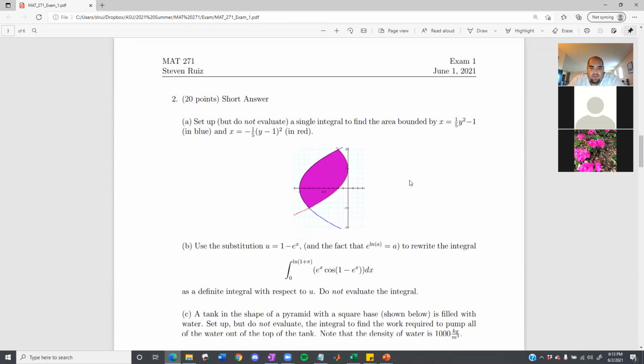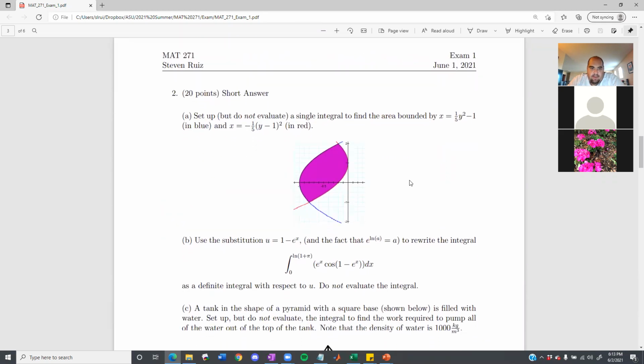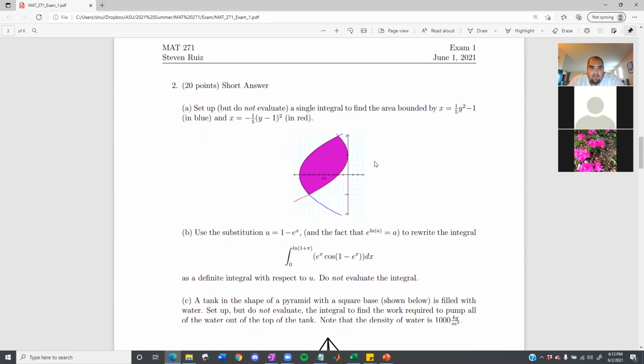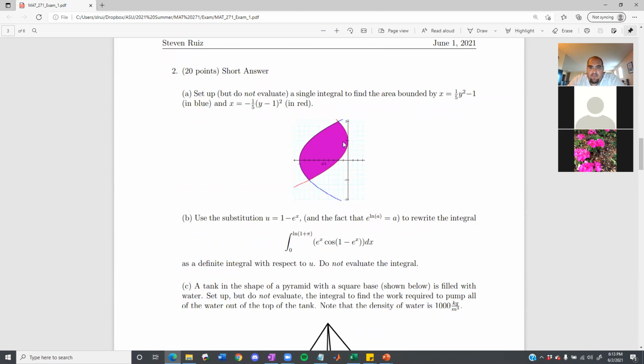On question 2, part A went mostly pretty well. The most common mistake I saw there was that people were basically subtracting the functions in the wrong order. Since the only way to get a single integral to do this is to set this up with functions in terms of y, which I've already given to you.